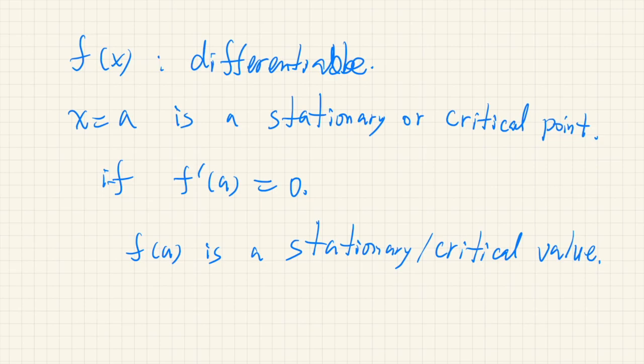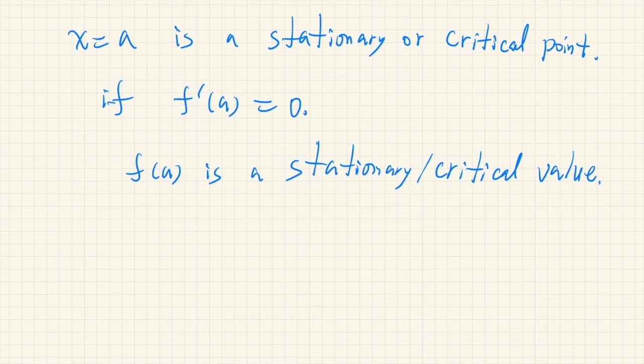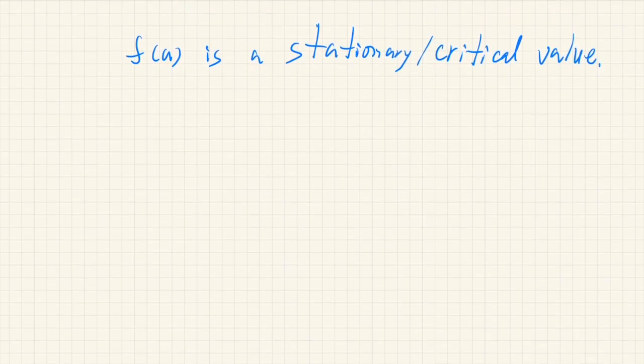This concept becomes important when evaluating local maximum or local minimum, because we have the following theorem. Suppose f of x is a differentiable function. Again, differentiable, therefore it is continuous.